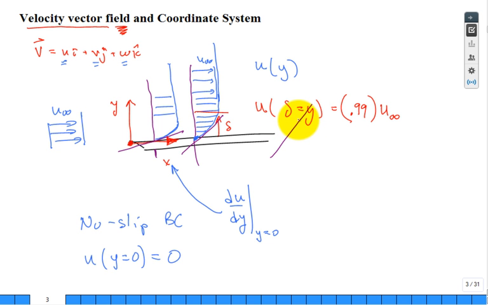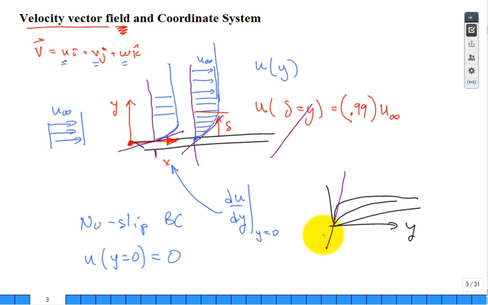Professor, I don't understand. Well, you have to rotate the coordinate systems if you want to do that. Put y down here, and then put your velocity profile like this, or like this, or like that. And now I think the terminology about steepness is more apparent. That would be at a smaller x, closer to the leading edge, further down, and then further down.